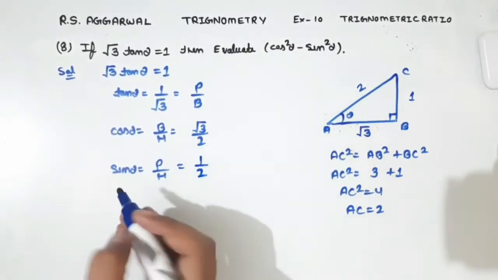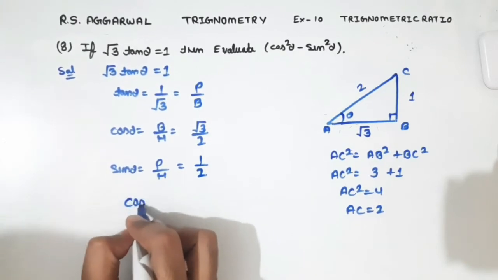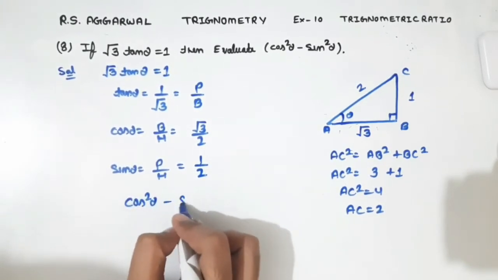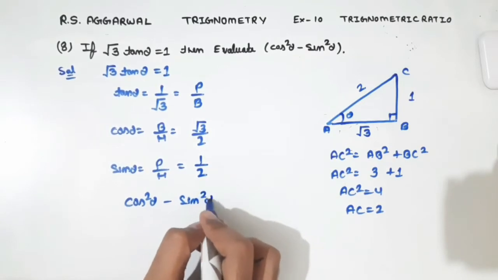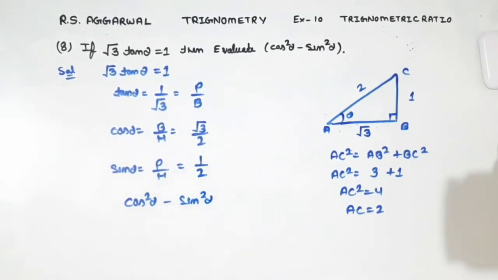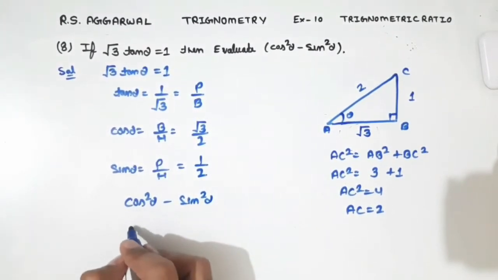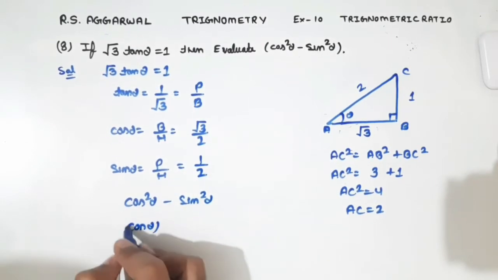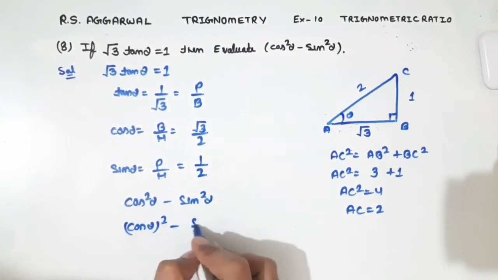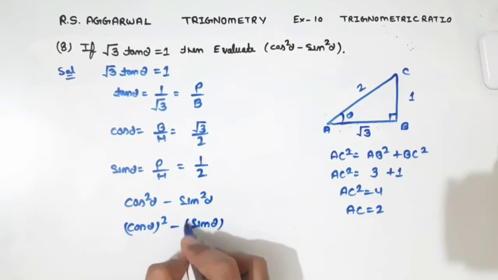So now we have to evaluate cos square theta minus sin square theta. We can write it as cos theta whole square minus sin theta whole square.